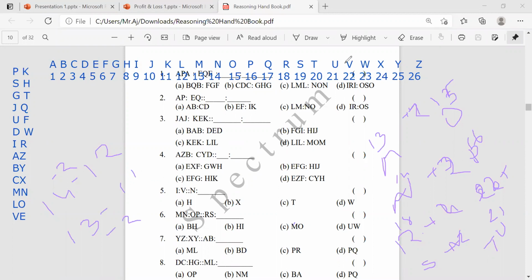R is 18, in reverse order it is 9. 9 minus 2 is 7, 7 is G. And S is 19, so we get 8, 8 minus 2 is 6, 6 is F. G, F. It is also not matching. Even reverse order is not matching.